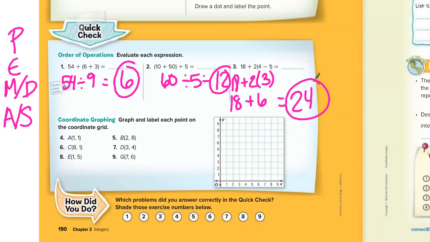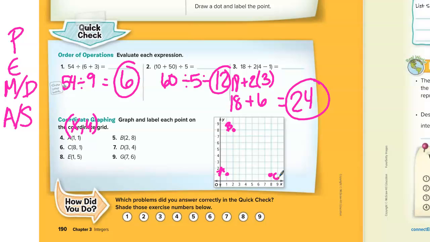Then you had to graph. So remember, it's your x, then y. So I go left or right, and then I go up or down. So 1, 1, I'd go right 1, up 1, and I'd label it A. For 5, I'd go right 2, up 8, and label it B. For C, I'd go right 8, up 1.